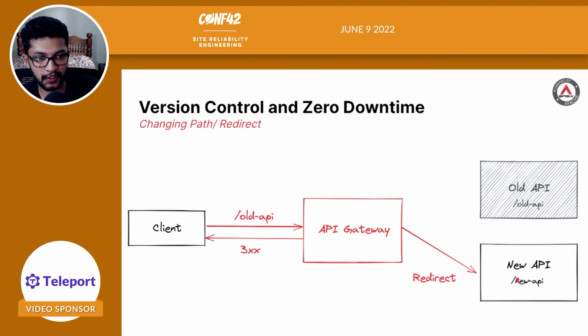And you can even give a redirect status code before redirecting, and you can even send, let's say, a message saying that this old API path is being deprecated and this is the new path, please change this. But still it will be backwards compatible, as the users of the old API will still be able to access the new endpoint without having to change any of their client code.